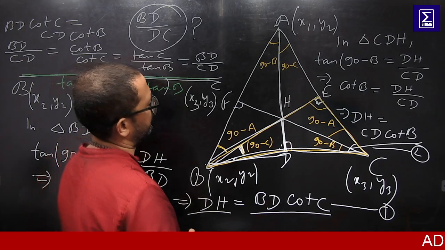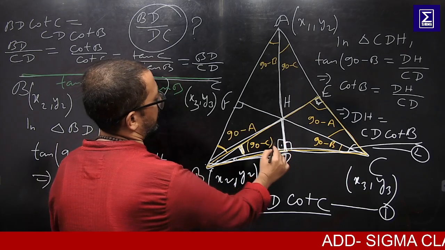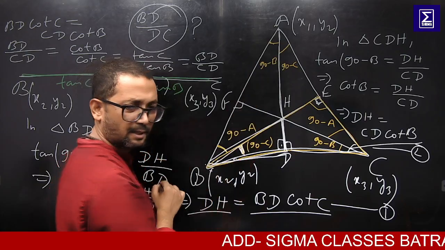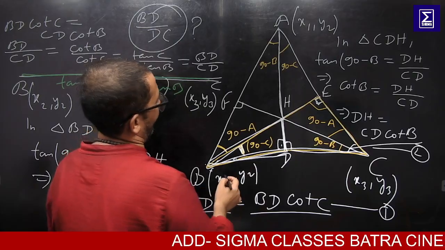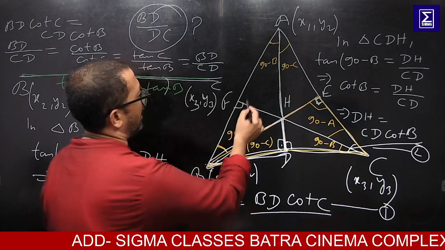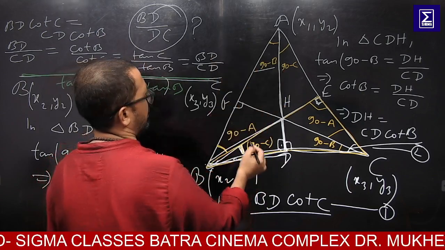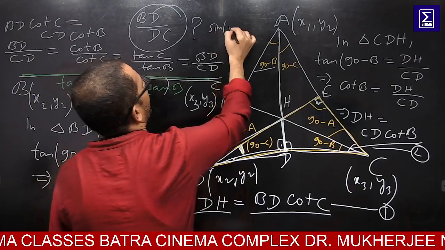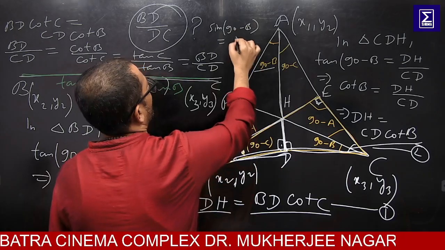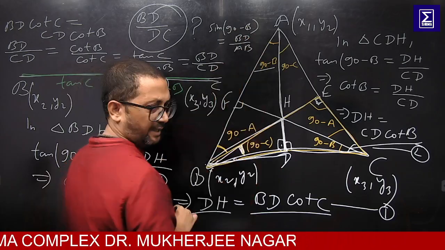Yes. This is 90 degree, okay? AB is the hypotenuse, and BD is the thing that you have to take, with the angle 90 minus B. So can you write, this is P, sine 90 minus B is equal to BD upon AB. Can we write like this?